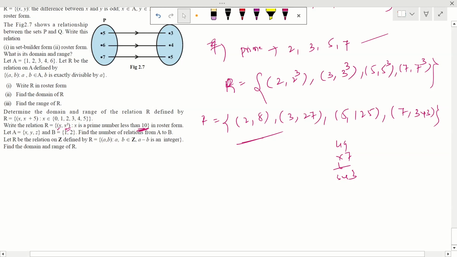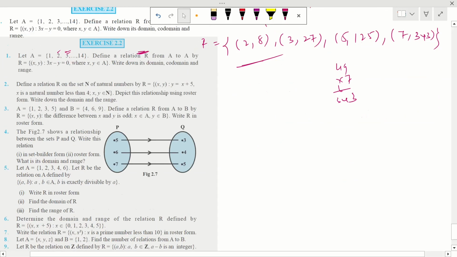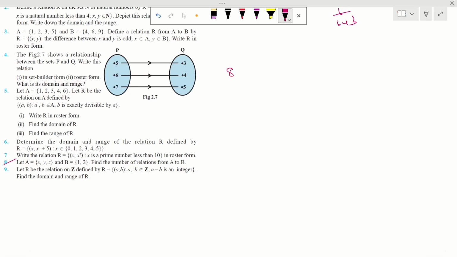Next, move to the eighth problem. Let A equal {x, y, z} and B equal {1, 2}. Find the number of relations from A to B. The eighth problem is very easy. The number of elements of A is 3, and the number of elements of B is 2.